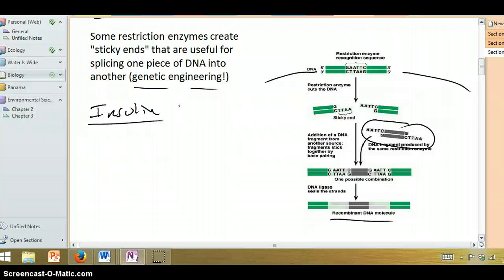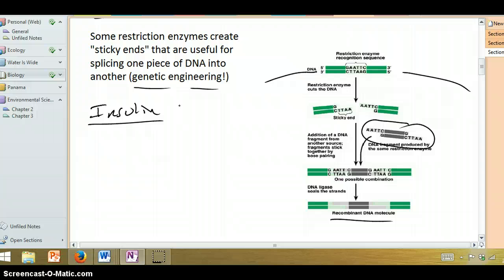Well, we used to have to get insulin from basically dead animals, cattle, sheep, horses, pigs, things like that, when they were slaughtered, basically for food. And so this insulin was rather expensive, and it was a very laborious process to get it.